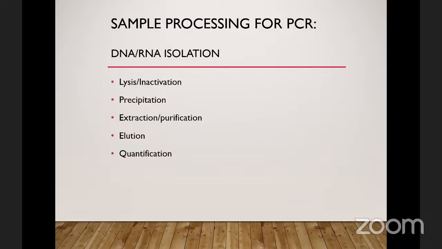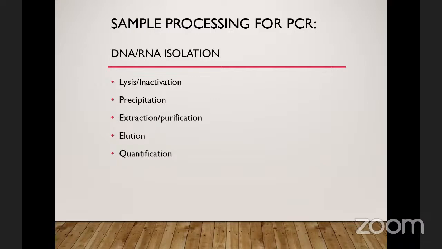There's a module where you are going to be taught on extraction, I think, if you have not done that already. So there's also the spin column based extraction procedure. All of this process is just for us to get the pure form of DNA or RNA that will not have other impurities that can inhibit the activity of DNA polymerase, which is a key player in PCR.